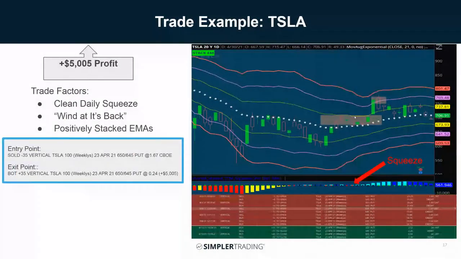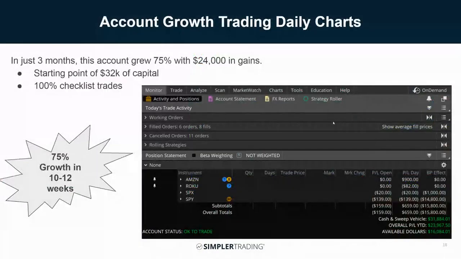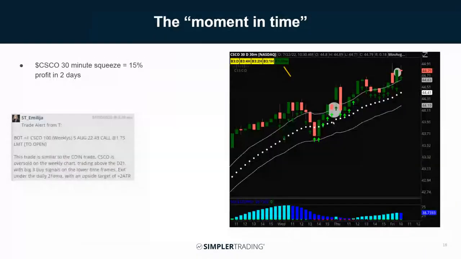Tesla daily chart, $5,000. We were in a market where you could take a small account, I think I started this one with about 32,000, and two, three, four months later be up 50, 60, 70%. Buy the dip on a daily chart, trade a daily squeeze, and because the market itself is so strong, that's about all you needed. We're in a different market now, guys.